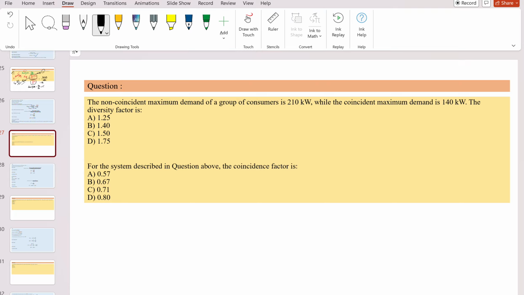Option B and C. Okay, option B and option C. We will not waste time on this, so I'm giving you 20, 30 seconds to solve this only.